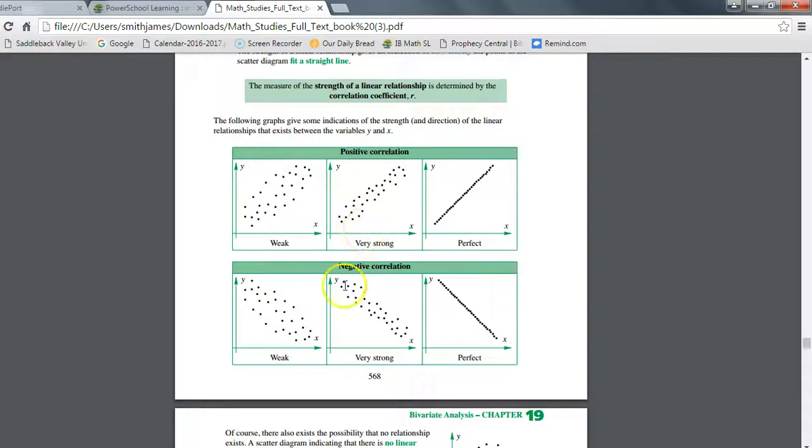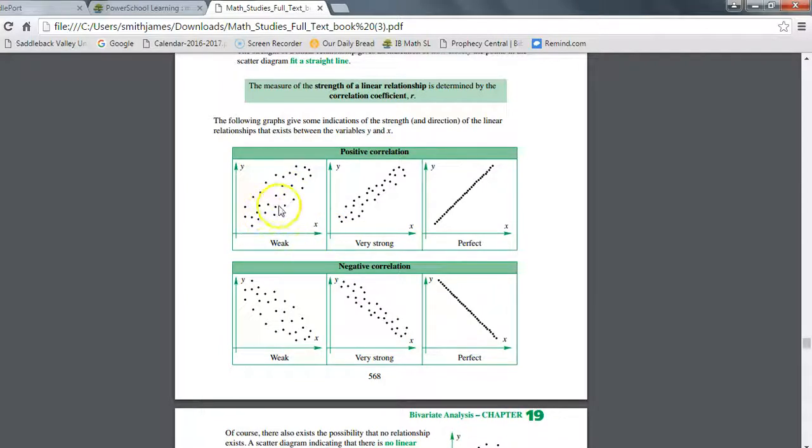So then the last thing that we would say is the strength of the graph. So whether it's positive or negative, we still give it a strength. If it is more spread out, then it's weaker. The closer they are in alignment, the stronger it is. And so we're kind of going from weak to strong as you look in the graph from left to right there. And this is a little bit open to interpretation, but we're just kind of giving it just a general statement for now.